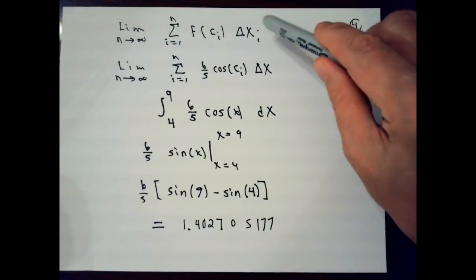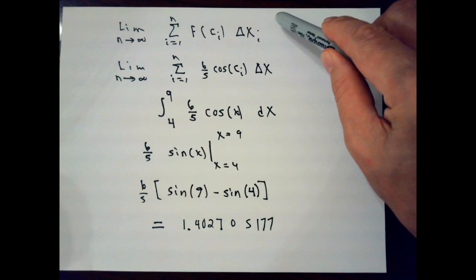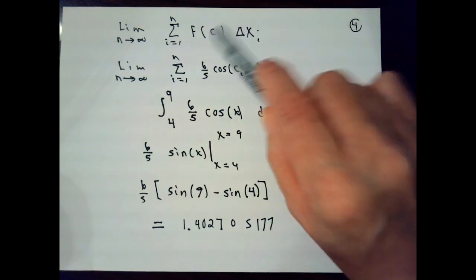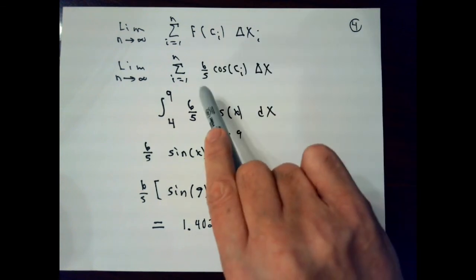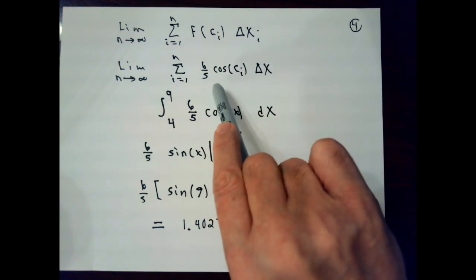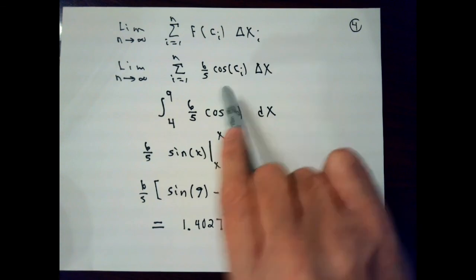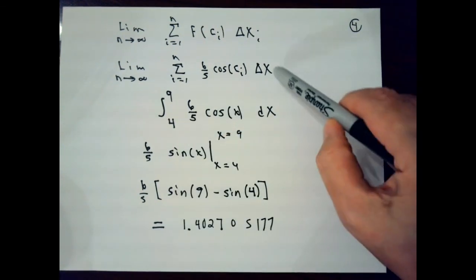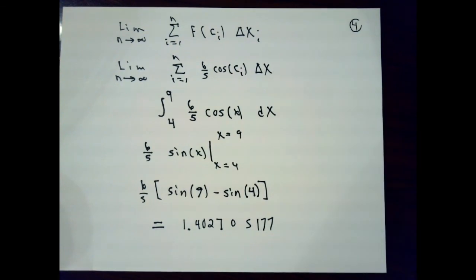So I think about what happens in general, and then I think about what happens in particular, and I see that the f of c is going to be 6 over 5 times cosine of c i, and because I'm using equally spaced subintervals, I'll omit the index i on the delta x.